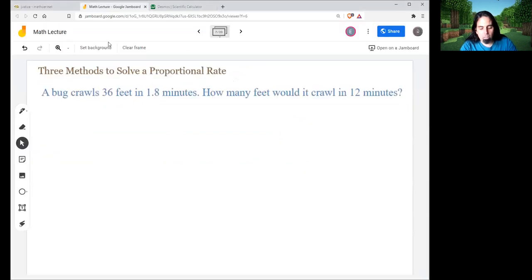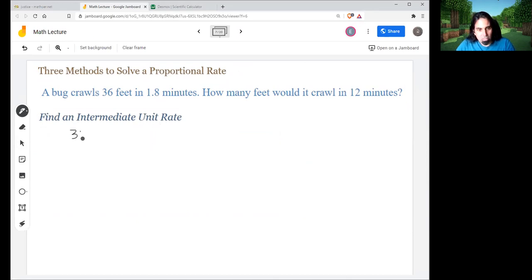Some people will like one of them a lot more than the other. But you are smart math students who pay attention and should realize that you have 3 ways to do this problem. Some people like to find a unit rate.